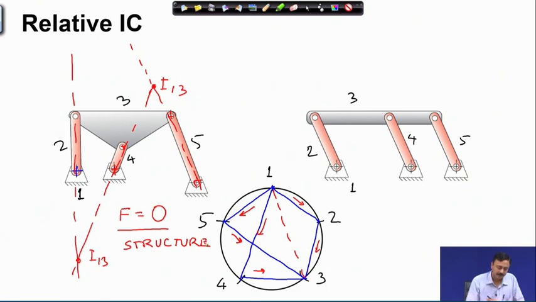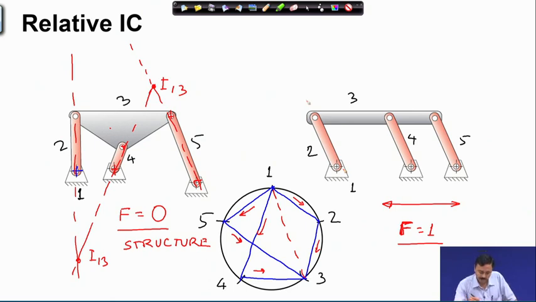Because there are 3 possibilities for relative instantaneous centers of rotation of body 3 with respect to 1. But the mechanism on the right is actually a mechanism, it has 1 degree of freedom. On the right, the kinematic chain has 1 degree of freedom because of very special dimensions.